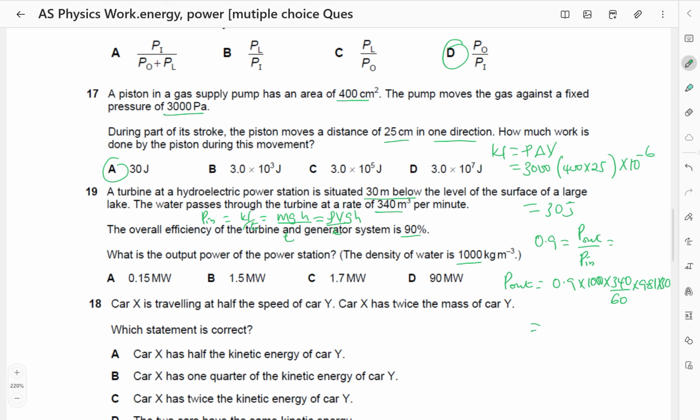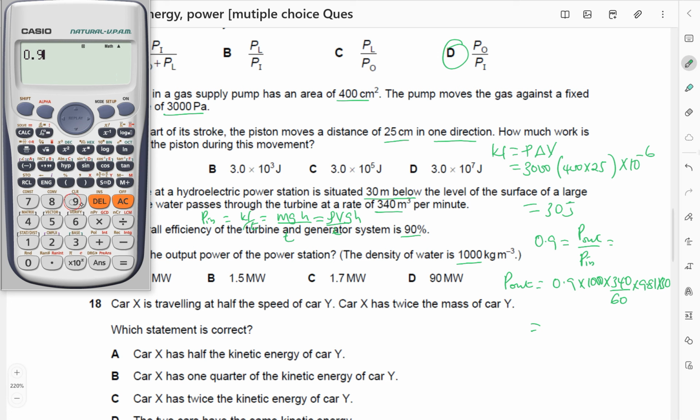So we shall just press our calculator. So 0.9 times 1000 times 340 times 9.81 times 30 divided by 60.